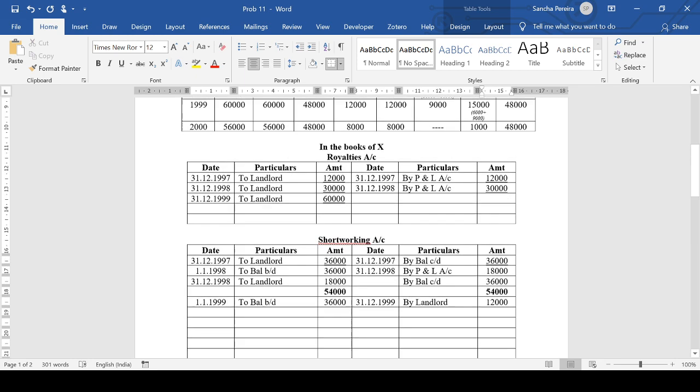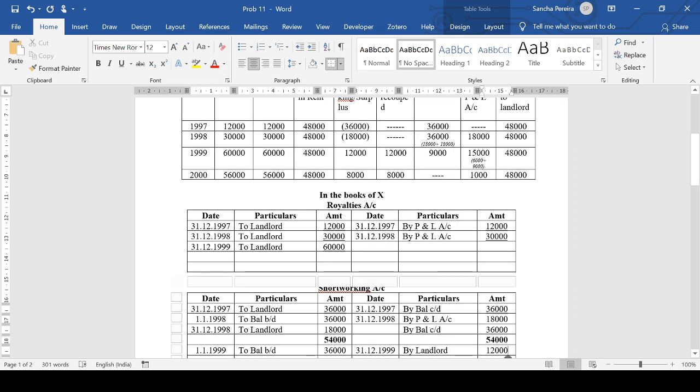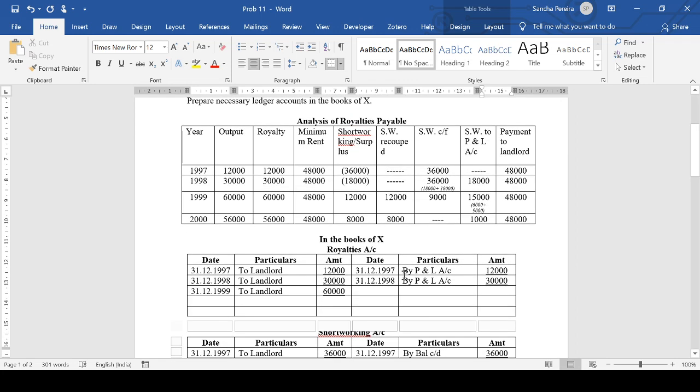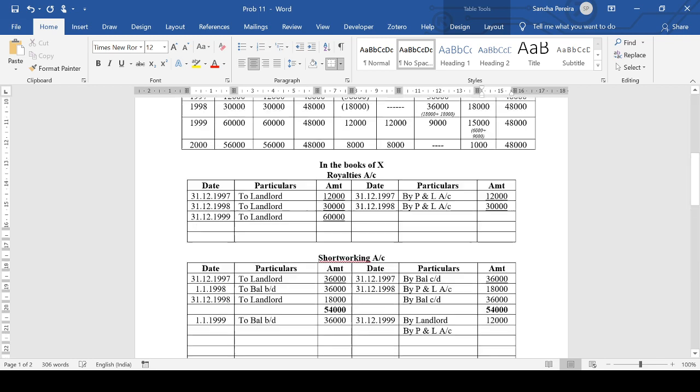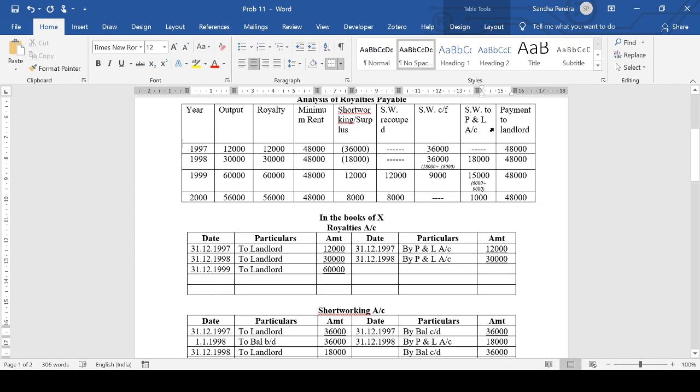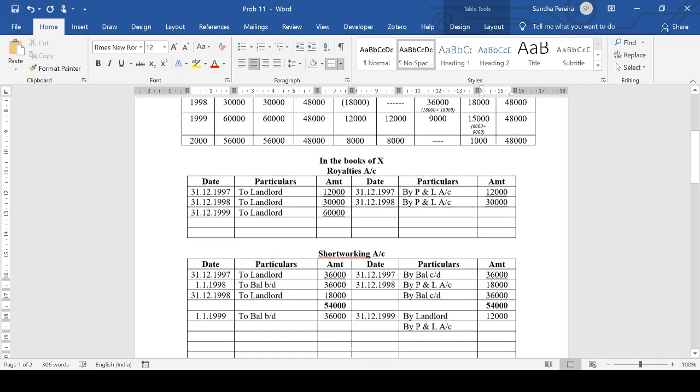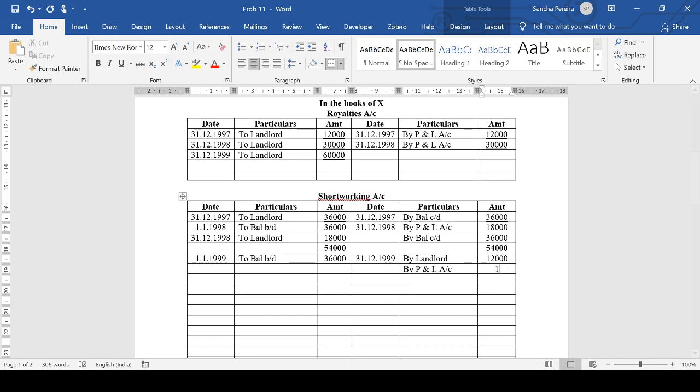Okay. We also have a transfer to the P&L account of 15,000. So we need to show that. Again, it's the same entry. P&L account debit to short working. So in short working, it will be by P and L. How much has been transferred to P&L account? 15,000 has been transferred.